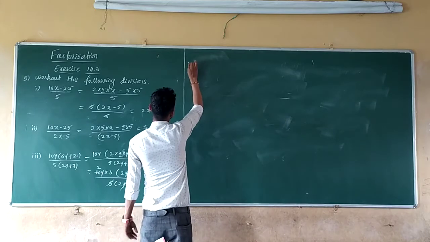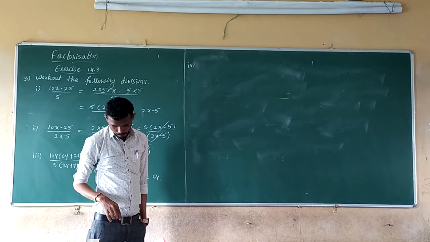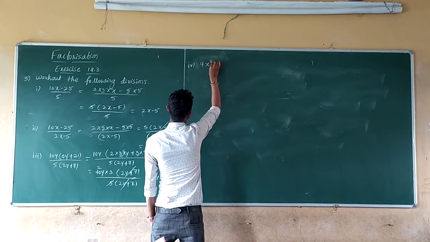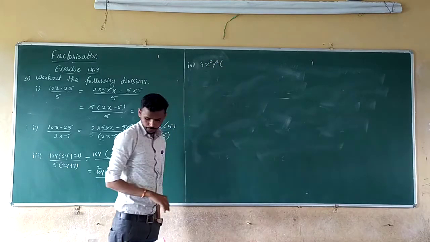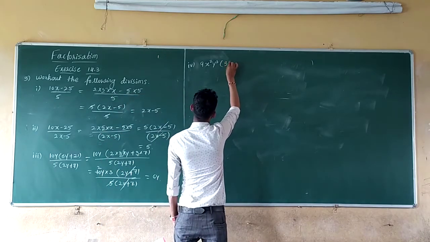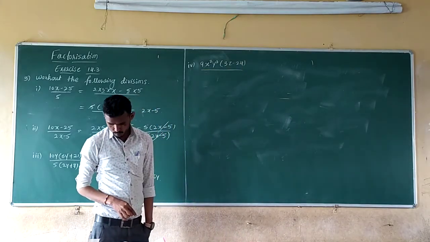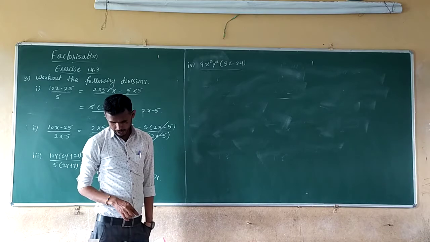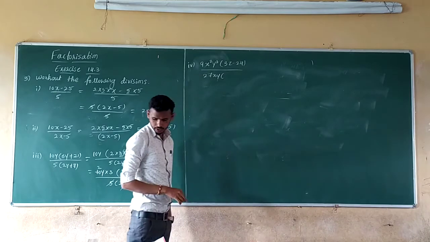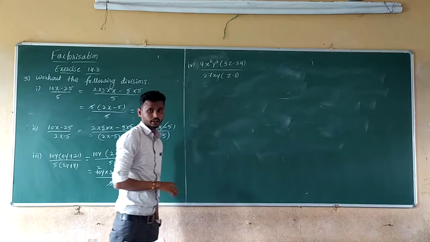Fourth one. 9x square y square into bracket 3z minus 24, divided by 27xy into bracket z minus 8.